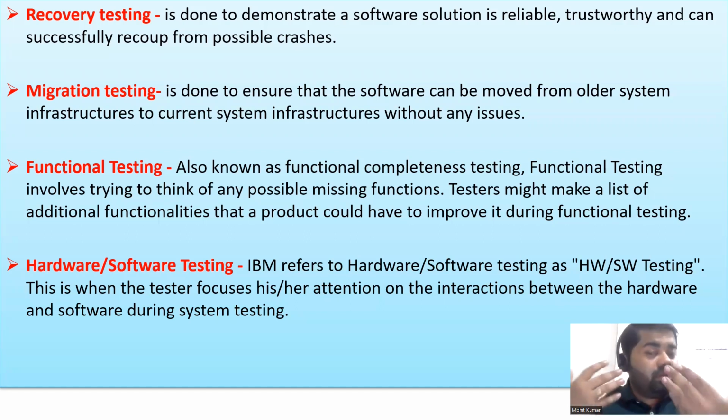Because we follow the agile process, every sprint we are doing the testing while migrating from the legacy to the new application, because it must work as per your legacy application. Yes, they might change some functionality, that is a different thing, but it should work as per your legacy or old application. That is called migration testing.